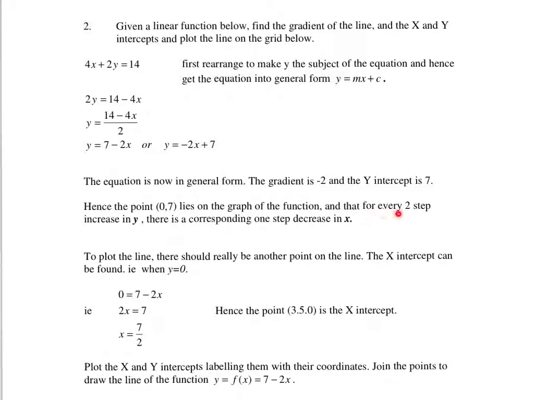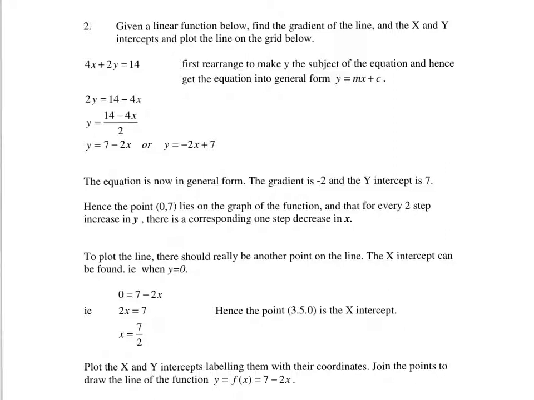And for every 2-step increase in y, there's a corresponding 1-step decrease in x. That's exactly the same as saying that for every one-step increase in x, there's a two-step decrease in y. What it means is that as x increases, y decreases, or as y increases, x decreases.